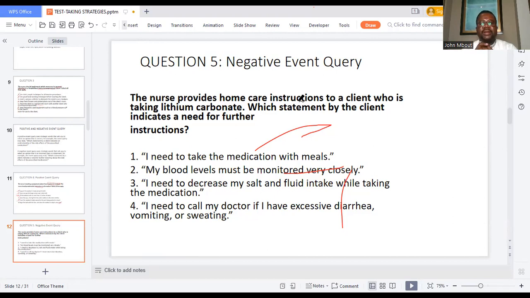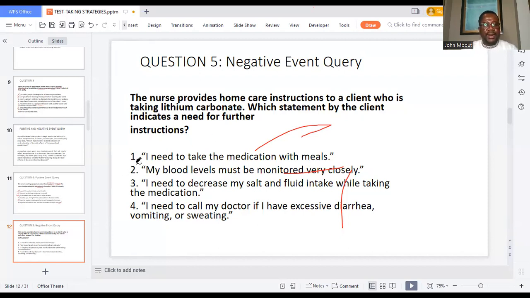Now, what I want us to apply in this question is how to identify what the question is asking me. The question is asking you to choose the option that is wrong.